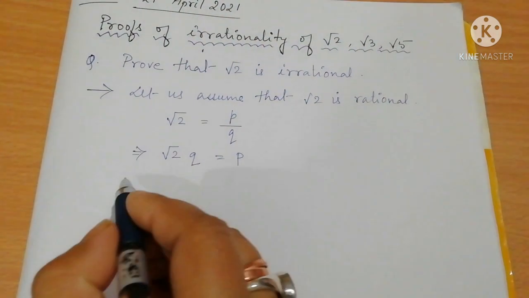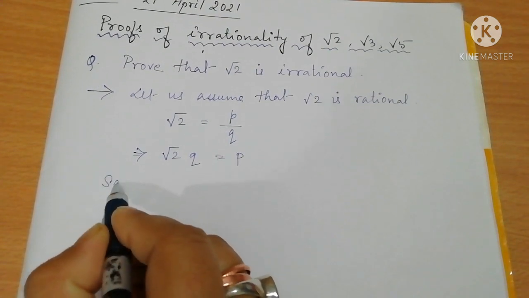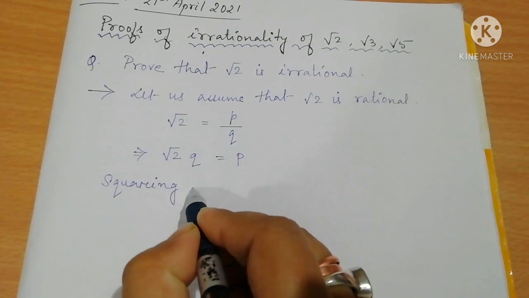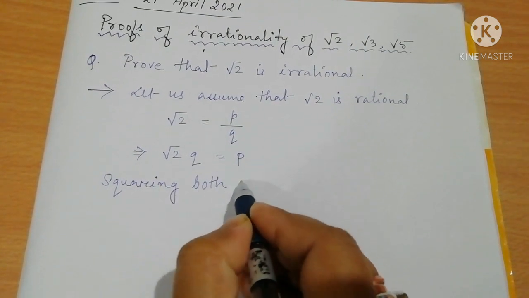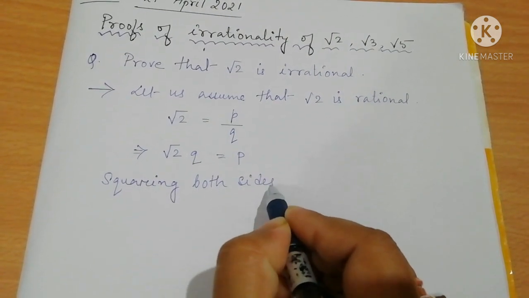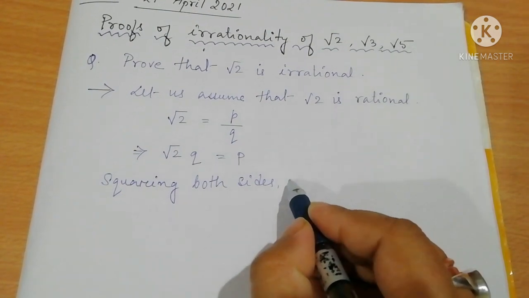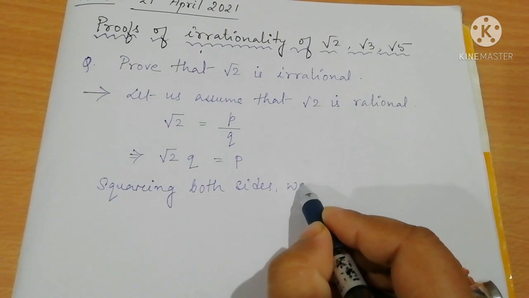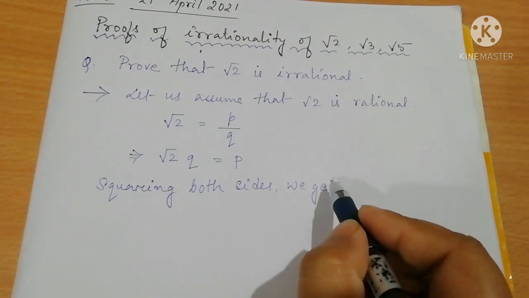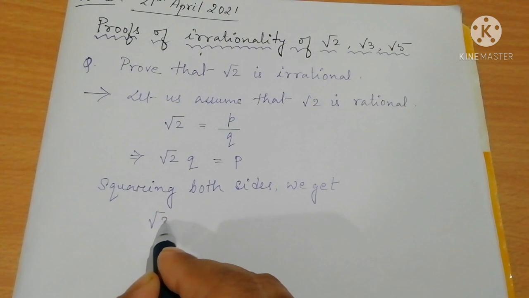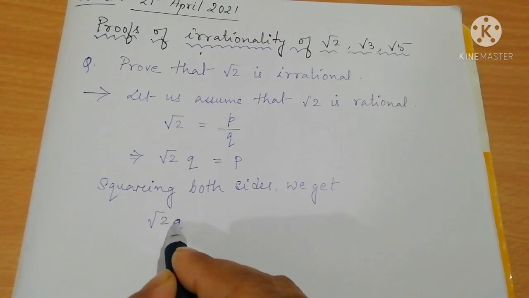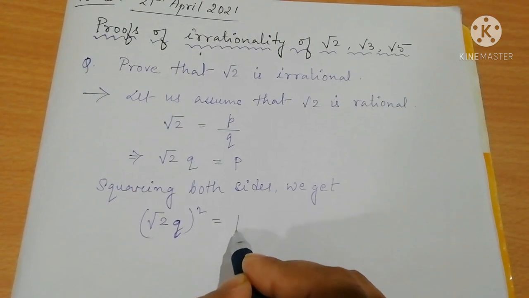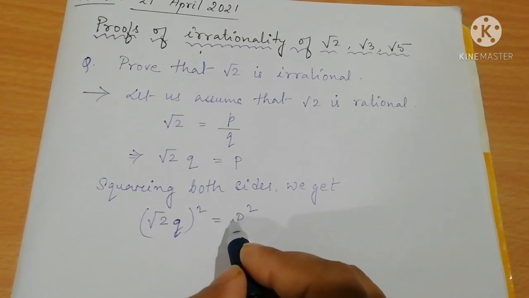After this, we will square both sides. Squaring both sides, we get root 2q whole square equal to p square.